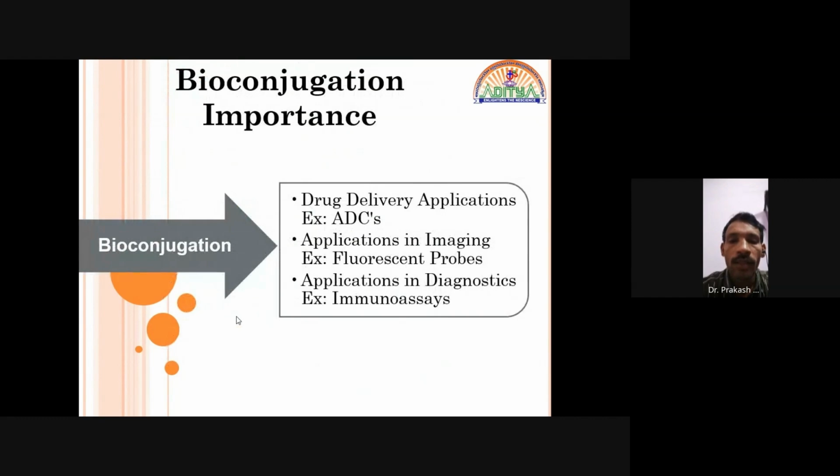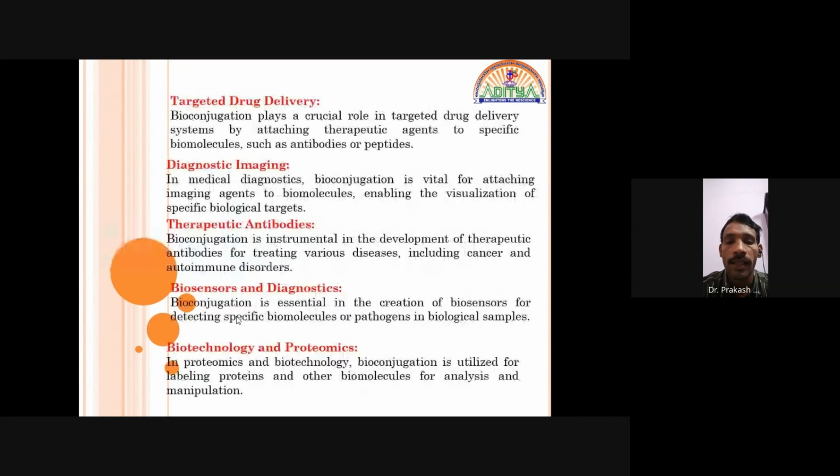Next, bioconjugation: mixing of proteins and mixing of ligands with heavy macromolecules, which gives a good, green product. In the field of drug delivery, imaging applications, and diagnostic applications, these are very essential uses. Next slide.